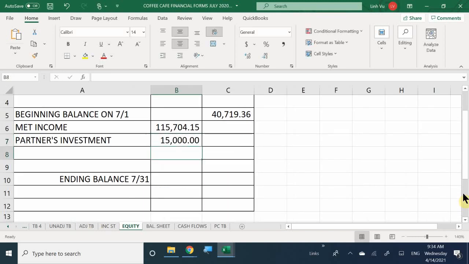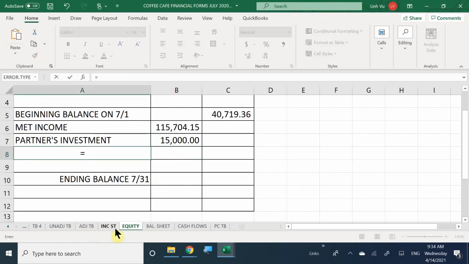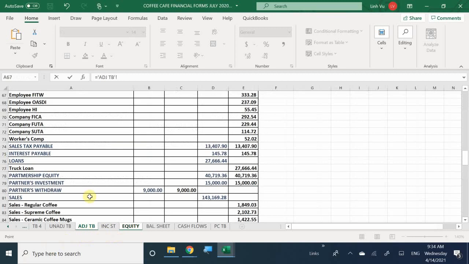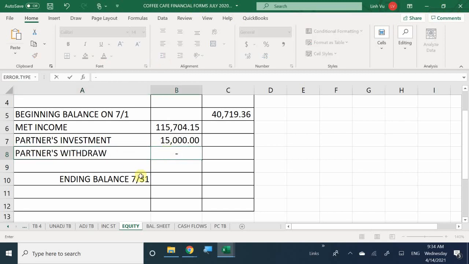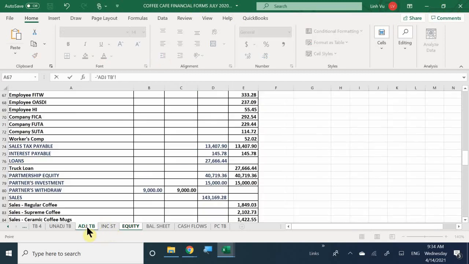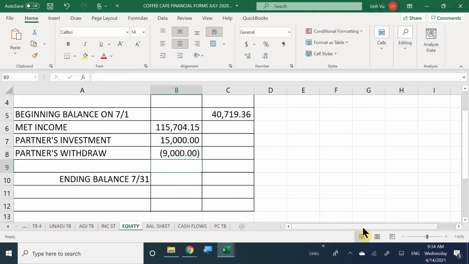Yes, 15,000. But did also one of my partners take money away? Partners withdraw? Yes, we did. Okay, and they withdrew $9,000.